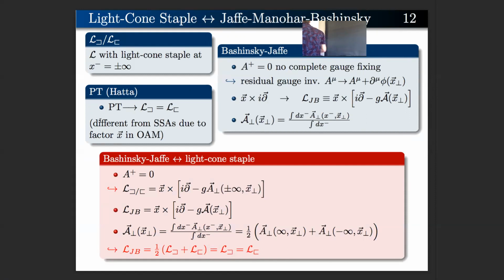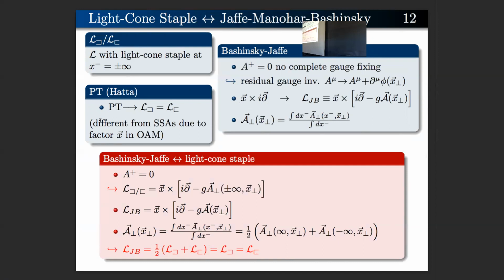Of course, there's the link at light-cone infinity, and in fact, Jaffe himself, with Bashinsky at some point, worried about that, because when you select the light-cone gauge, that's A plus equal to 0, you have not completely fixed the gauge.